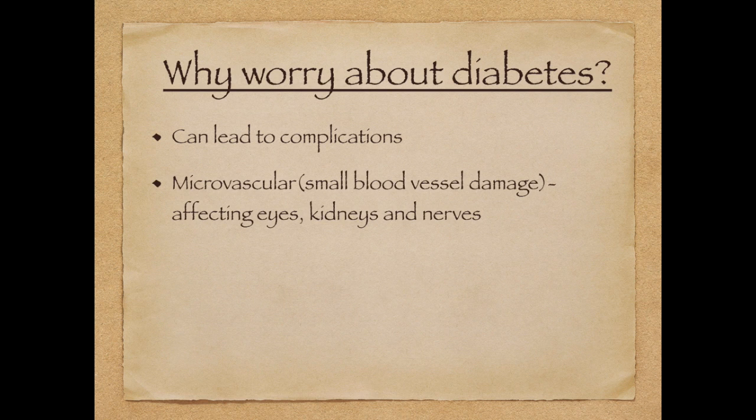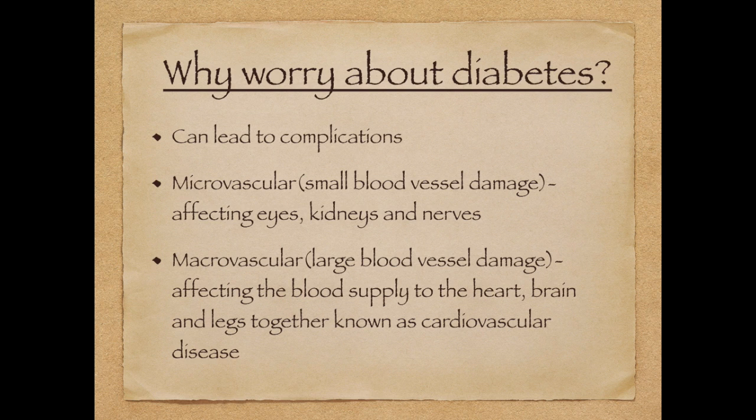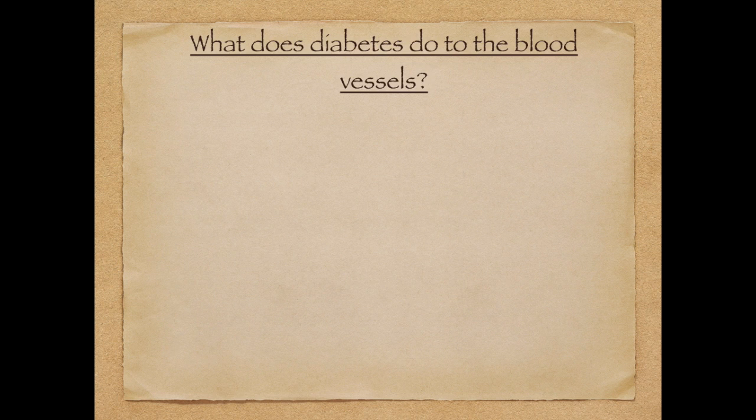Microvascular complications are due to damage to small blood vessels, which manifest as diabetic eye disease, kidney disease, and nerve damage. The macrovascular complications are due to damage to the large blood vessels of the body, which affects the blood supply to the heart, brain, and legs, together known as cardiovascular disease.